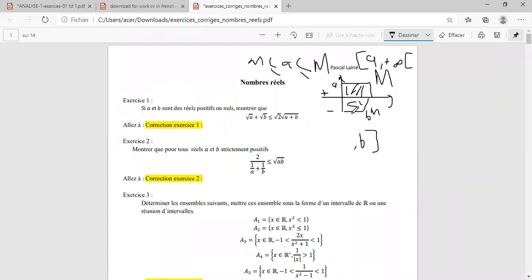It's up to the tiny, up to, I don't know what it is, negative infinity. What happens when you have negative infinity? You open the set. And voila, that's my minorant. Est-ce que c'est bon? Oui, c'est bon.